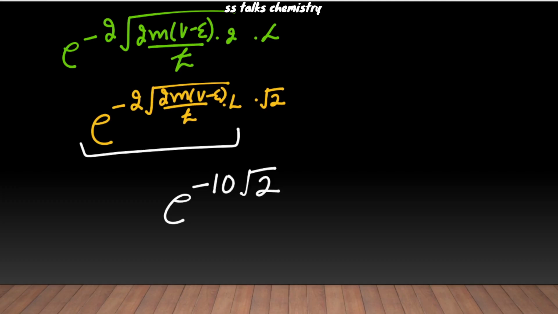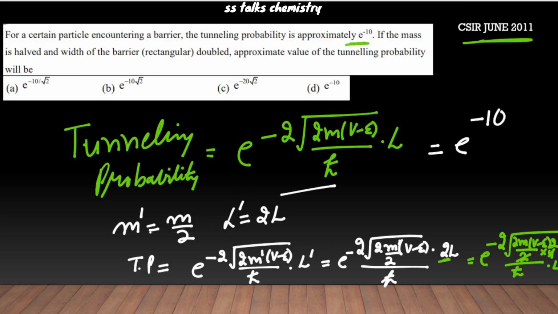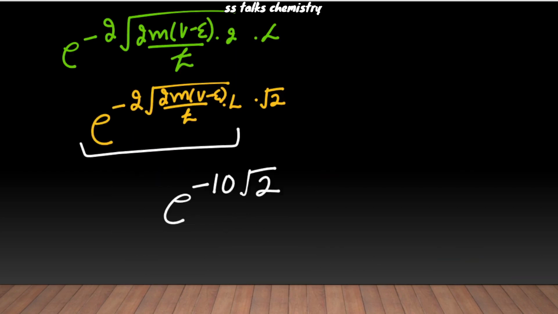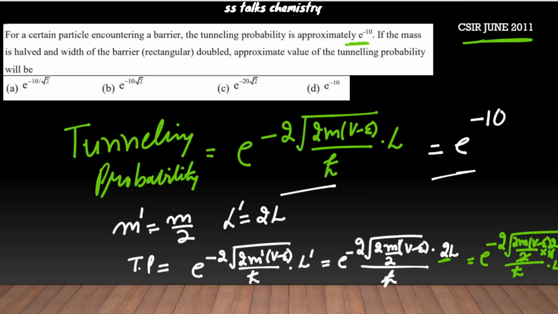So this new value will become, right, because this was already given to us. So the new tunneling probability is e raised to the power of minus 10 into under root of 2. So that makes minus 10 root 2. Option B becomes the right answer in this, right?